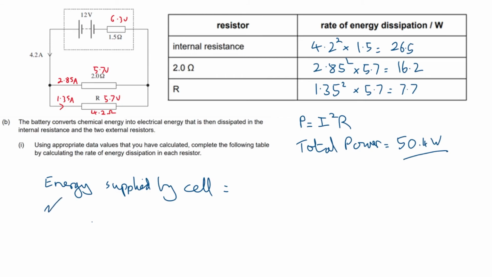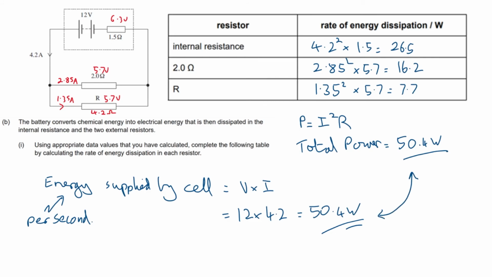Now, of course, I do mean the energy per second here, or the power. And that is going to be equal to the 12 volts times 4.2 amps, which, unsurprisingly, is 50.4. In other words, we've shown that the power supplied and the power dissipated are the same. In other words, conservation of energy is proved in this question, and we can all sleep easy tonight.